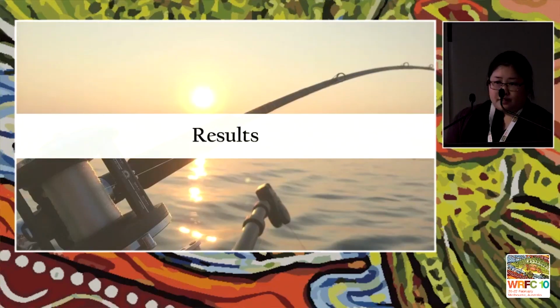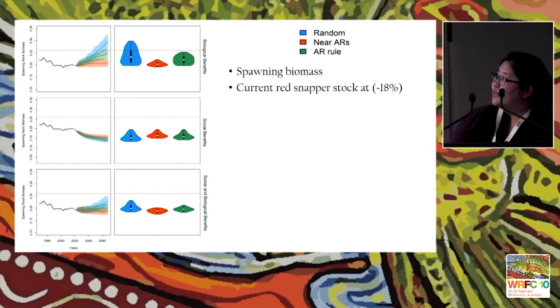So I'm going to show you some very preliminary results for this project. On the left is a time series. Again, the first 50 years are the same, and then I explore different placement scenarios and assumptions about how our fisheries affect fish and fishers. The blue is the completely random.